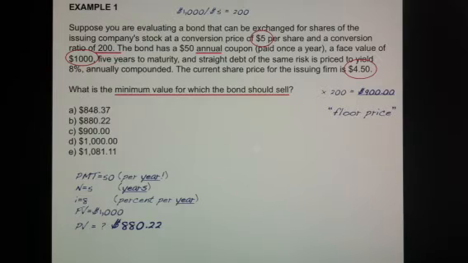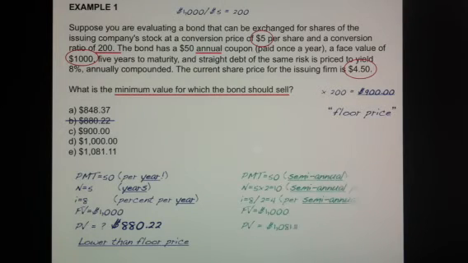But that's not going to be the bond price because it's below the floor value of 900 that we just calculated. So the price will never go below the floor. So cross out that answer. Lower than the floor price, we want to cross out 880.22. That's not the value. And check 900 because that is the value. There we go, check number C.